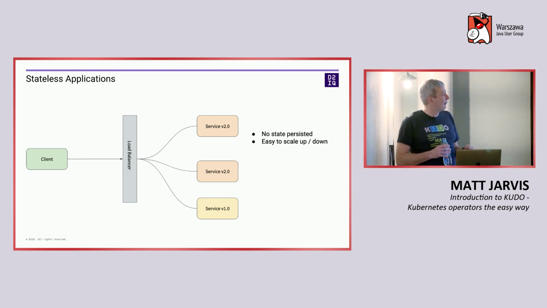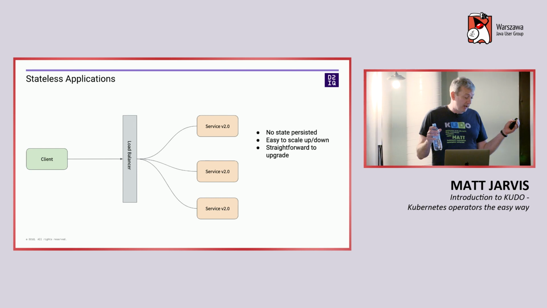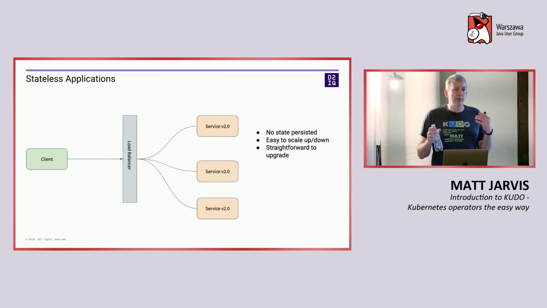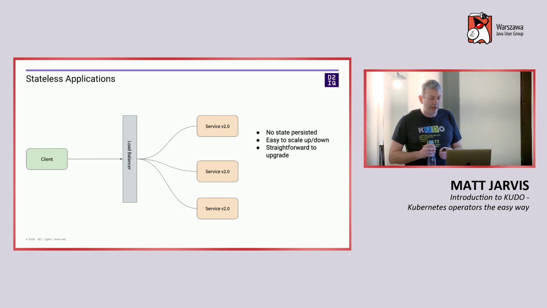We just declare that we want a specific number of them, and Kubernetes will create them for us. And again, it's a binary idea. They're either running or they're not, and we don't have to worry about any complex operations to configure them before we start deploying.